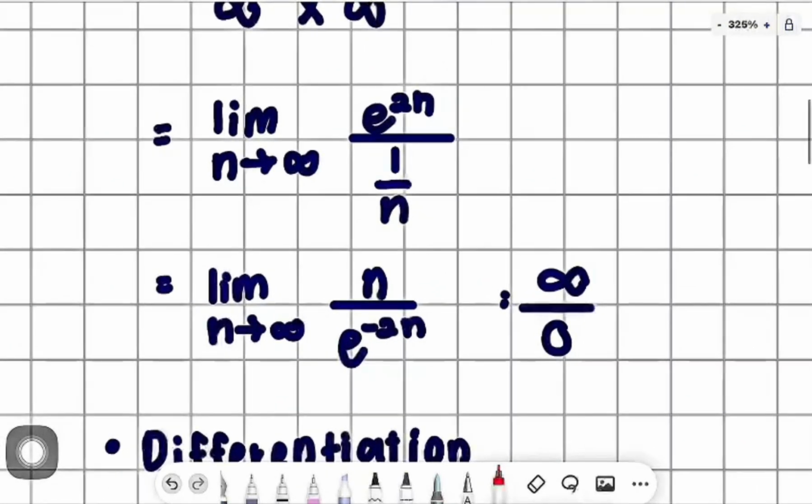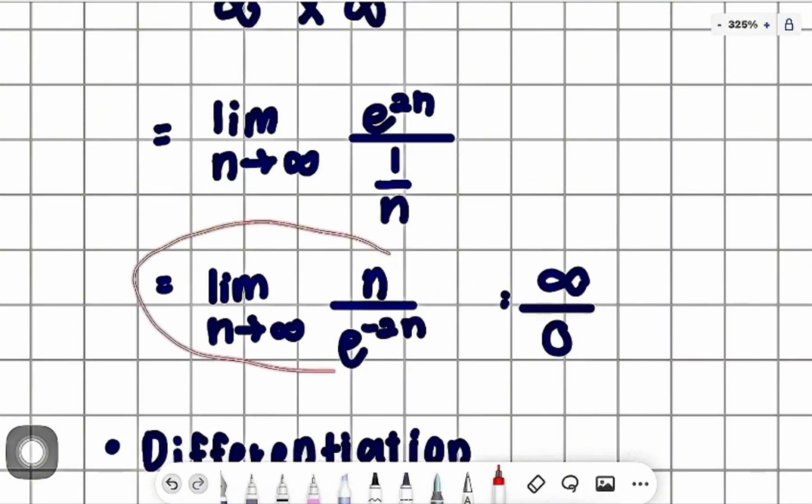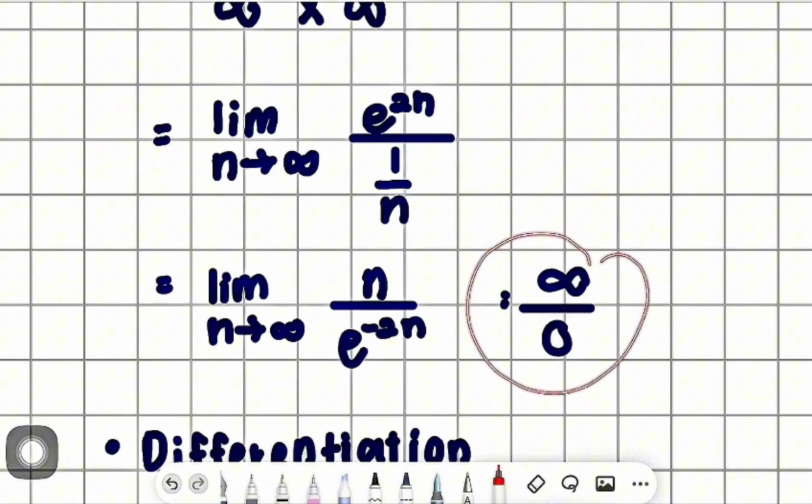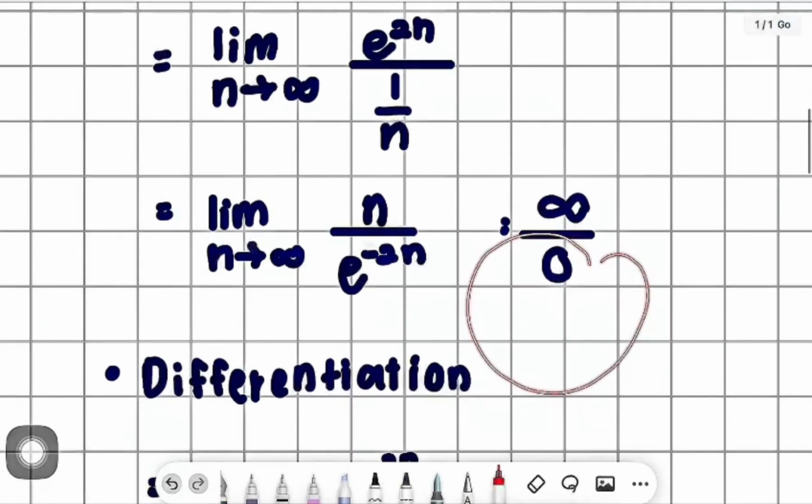We write it back like this to get the infinity over infinity form. After we rewrite, we get infinity over e to the power of infinity.